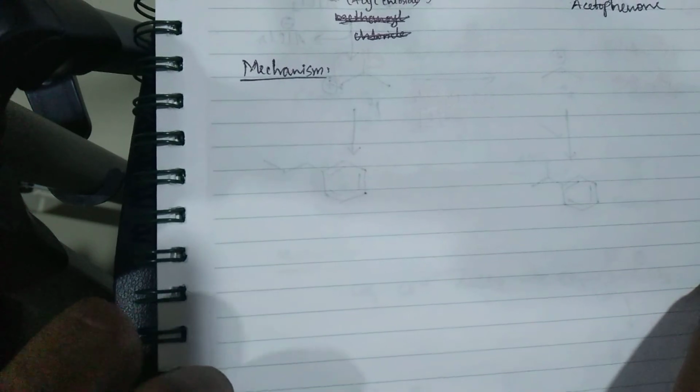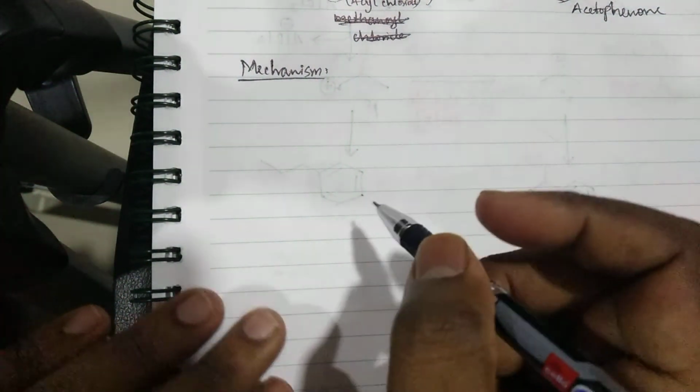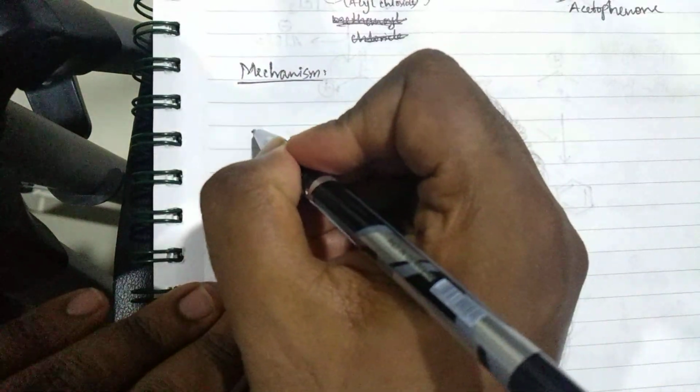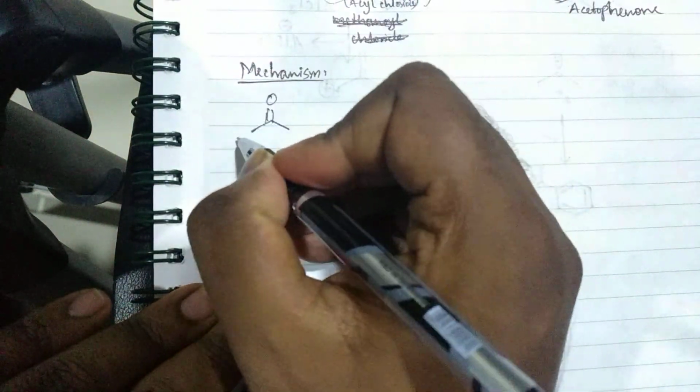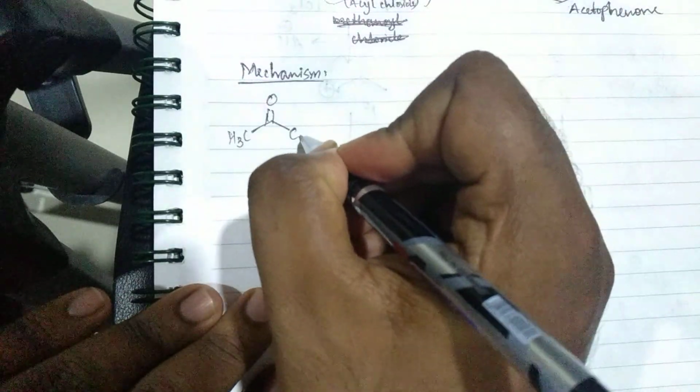Now let's have a look at the mechanism. The mechanism is not that difficult. As usual, the first step is what we call the electrophile generation step. I have this acyl group here, and I'll write CH3 for convenience sake.